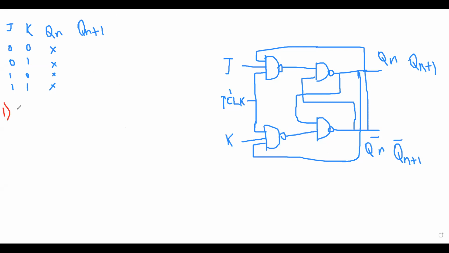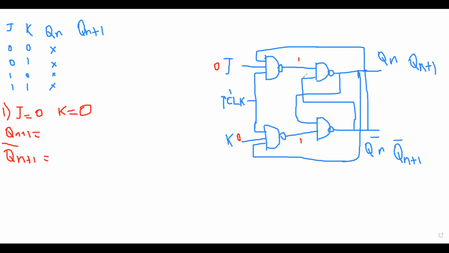First condition, J is equal to 0, K is equal to 0, and for Qn plus 1 and Qn plus 1 bar. Now here 0 and here also 0. Here clock is 1, and 0 into anything is equal to 0 because it's an AND gate. So I put 1 here.